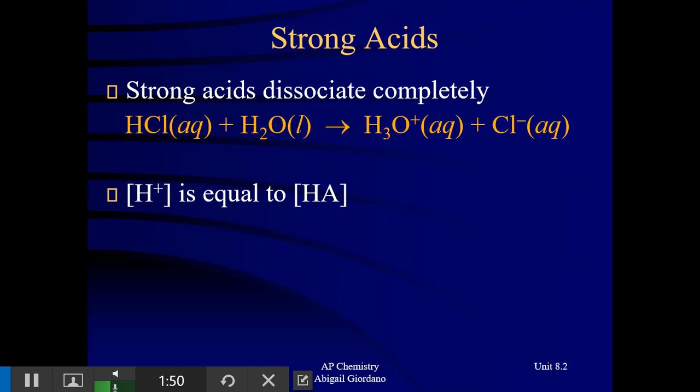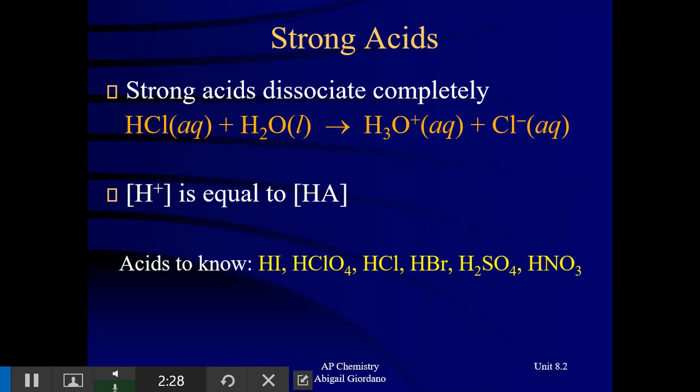Remember, H+ is just shorthand for H3O+. They mean the same thing. It is very easy to determine the pH of a strong acid because whatever the original molarity of the acid is, that's what I'm representing there with HA, because that acid completely dissociates, the molarity will remain the same for the H+. And from there, it's very easy to calculate a pH.